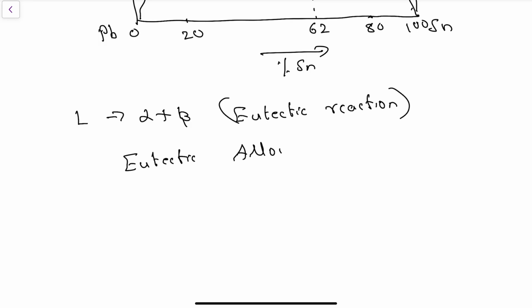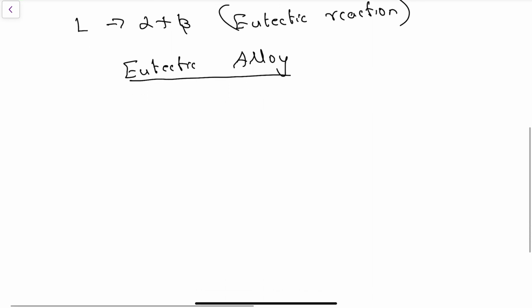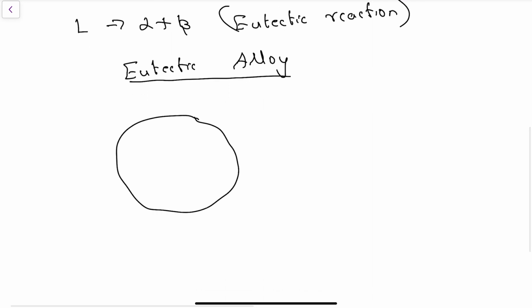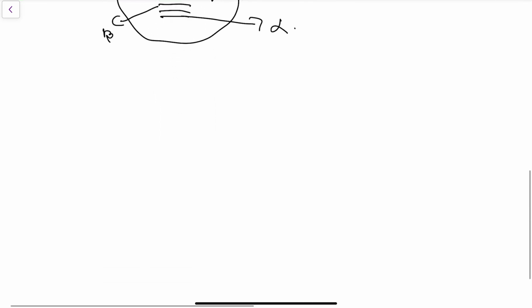That is the alloy we use for soldering that melts easily. I have drawn the detailed sketch earlier, and this portion is called beta, and this is the alpha and beta structure.